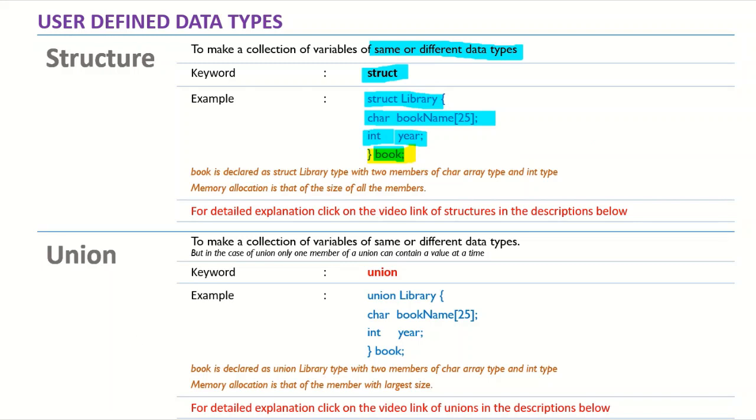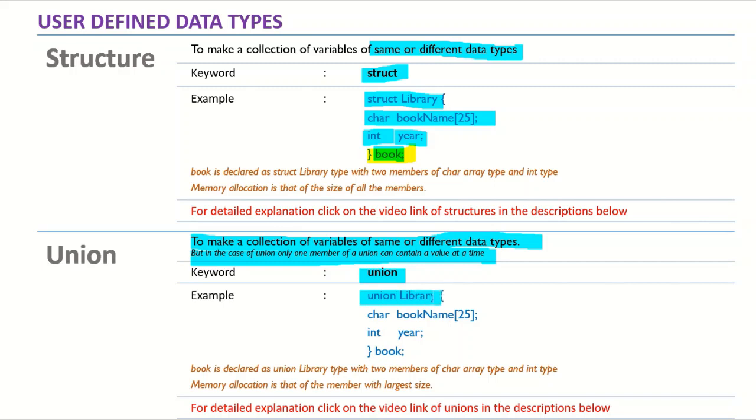Unions. These are used to make a collection of variables of same or different data types, similar to that of structures. But in the case of union, only one member of a union can contain a value at a time. Keyword is union. The example is similar to that of structures.